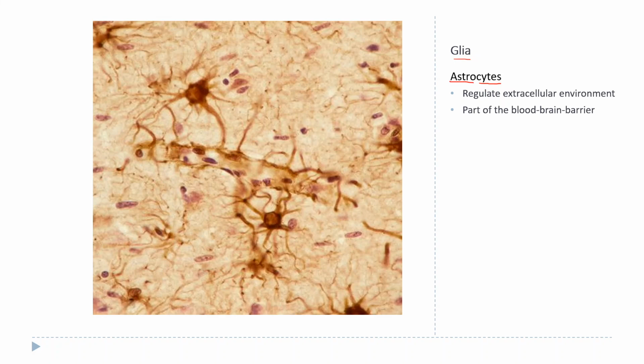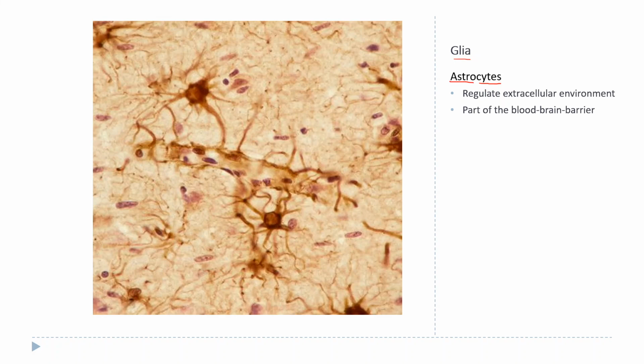So astrocytes, their main job is to control that. So they can absorb ions from the extracellular fluid if it gets too high, or release them if it gets too low. Also, nutrients and things from the circulatory system are sort of distributed to neurons through astrocytes.